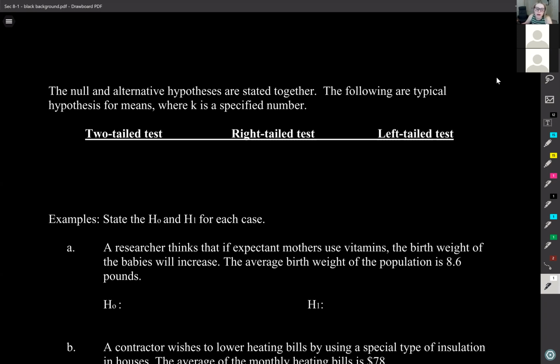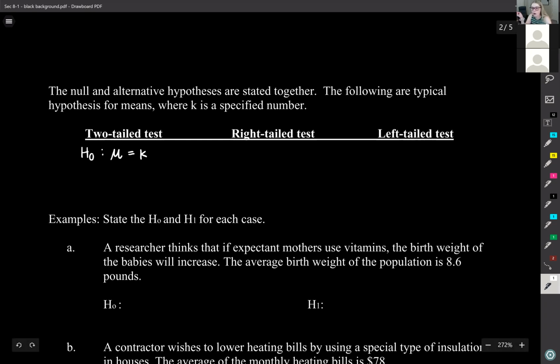So an example to start off with is going to be a two-tailed test. So my null hypothesis is going to be denoted by H0, and then you just do a colon. And like it says above, your H0 or your null is always going to have an equal sign in it. So I'm going to say my null hypothesis is mu equal to this value k.